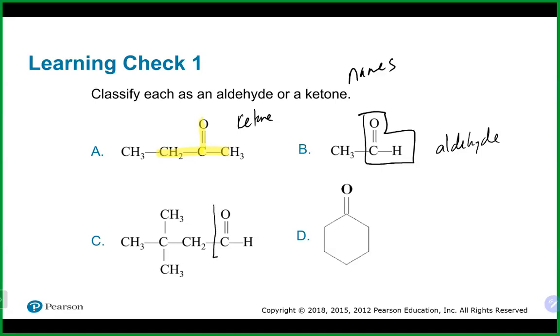Same thing here, our carbon, oxygen double bond is the functional group, and that would be an aldehyde. And once again, here we would have carbon, carbon, carbon, so all 3 of those together with the double bond would be our ketone functional group. Questions on those classifications?